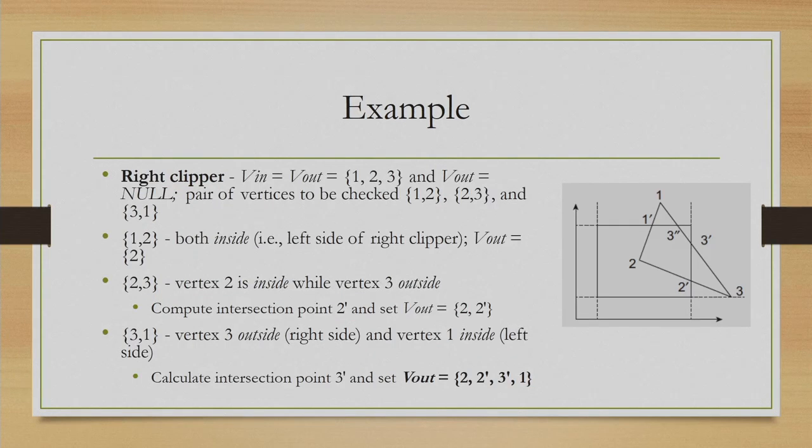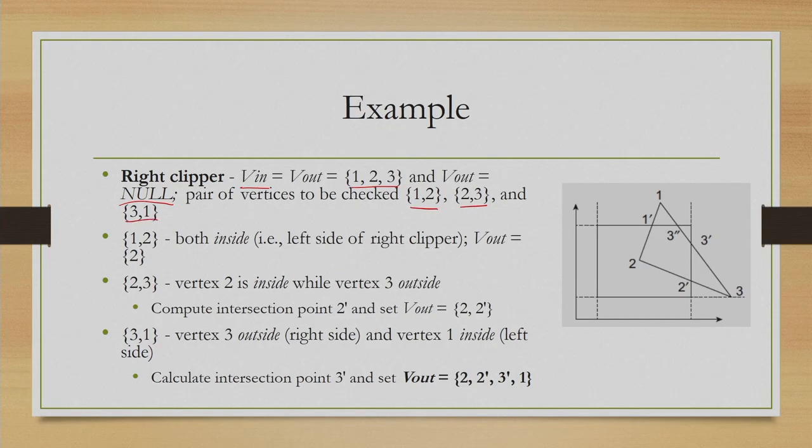Now, let us check against the right clipper. The input vertex list is 1 2 3, same, and initially V out is null. The pairs of vertices to be checked are 1 2, 2 3 and 3 1, all the 3 edges.